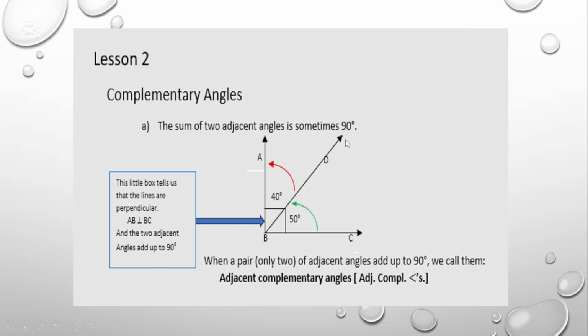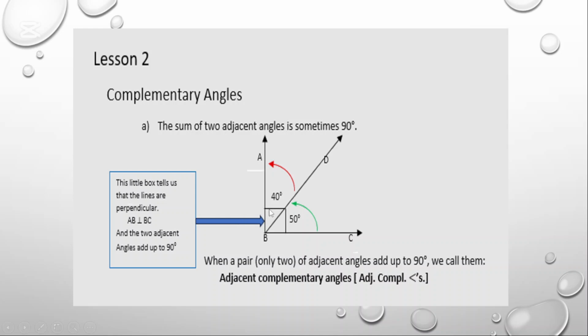They are adjacent. But what else? They also add up to 90. So immediately we have this new name, complementary. Complementary angles add up to 90. So they are adjacent and they are complementary.